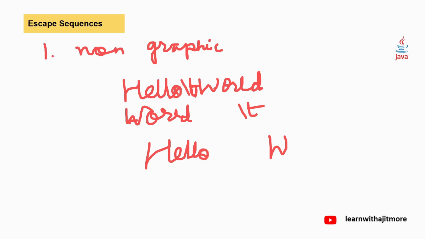Correct? So I'll give you a list of what non-graphic characters are there. Okay. Like slash b is there, which will just take the cursor one position back. It will take your caret one position back. It will not delete or do anything. It will just take it back. Okay. So they all are non-graphic characters. Then the second use of escape sequence.